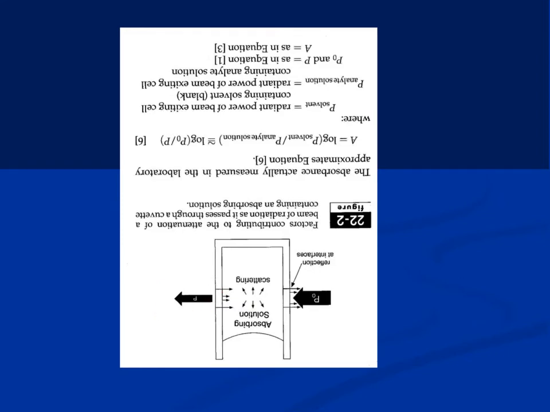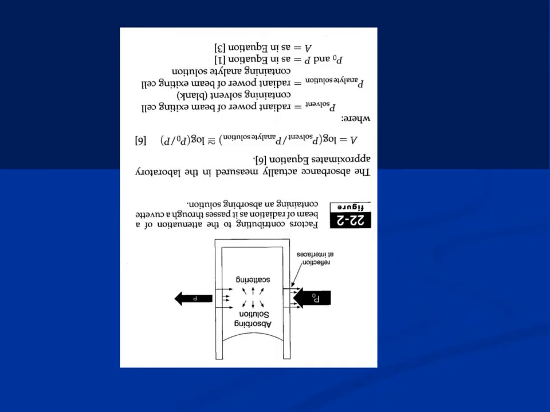It can be absorbed by the solution, or it can be scattered if particles or other things are there. But in addition, you can see this cell can also reflect some of the light during this process.